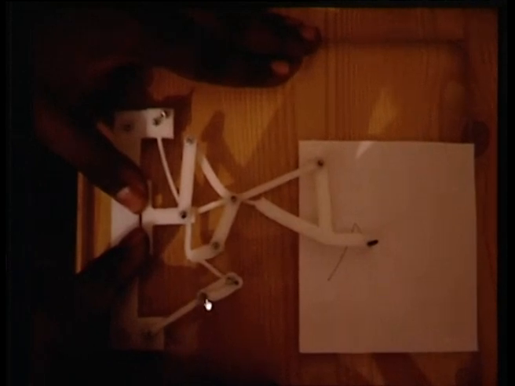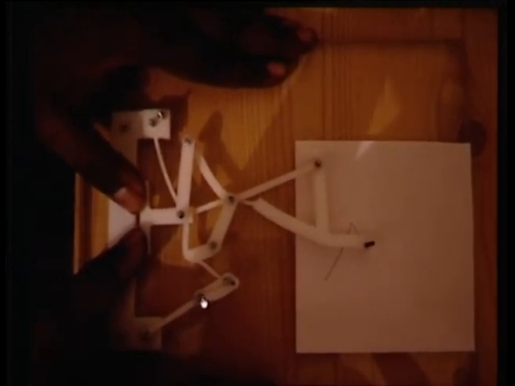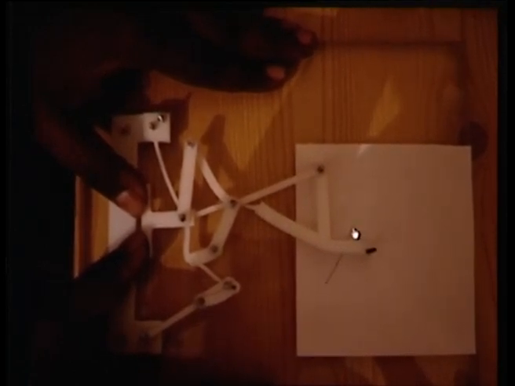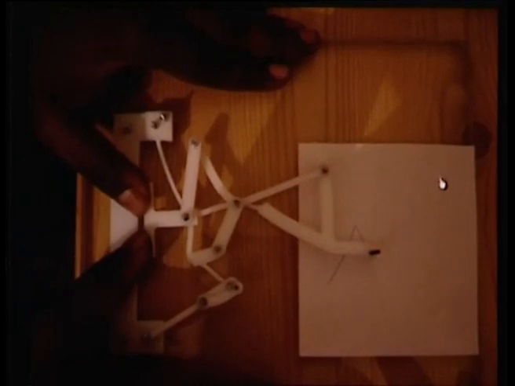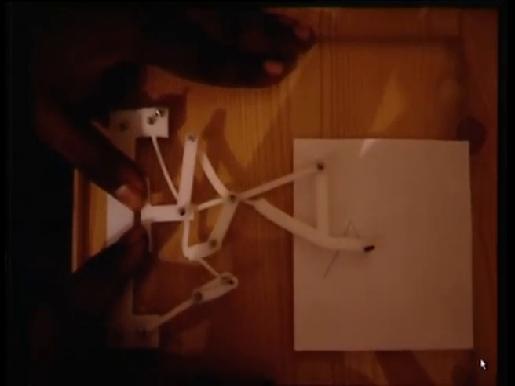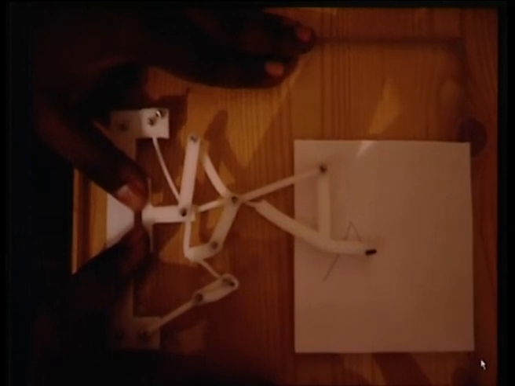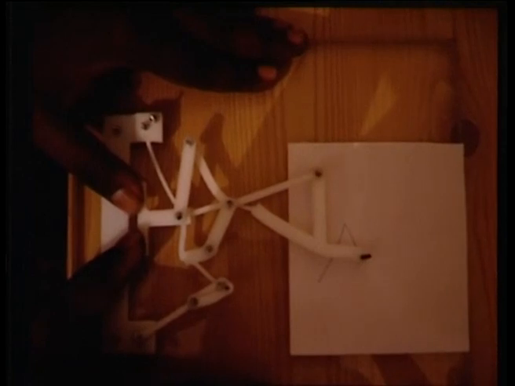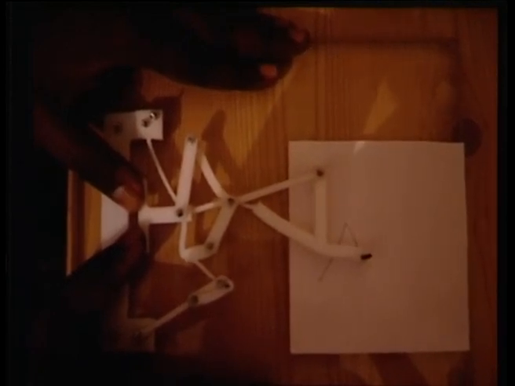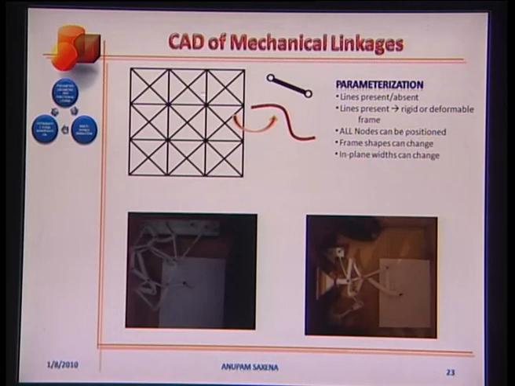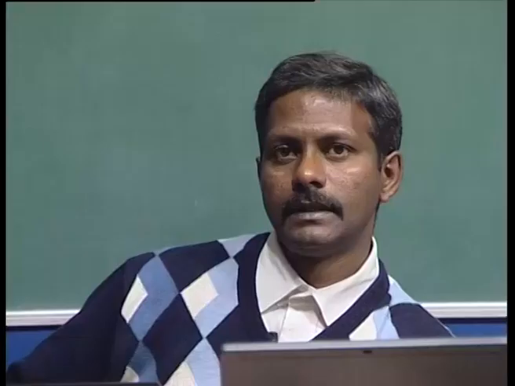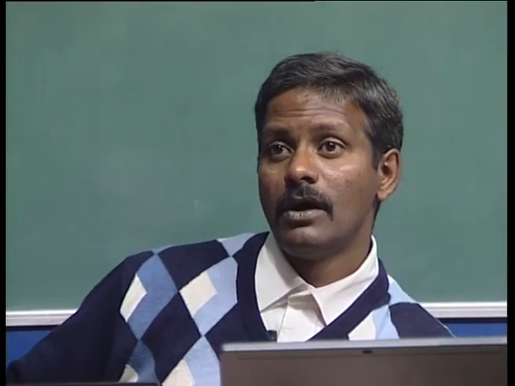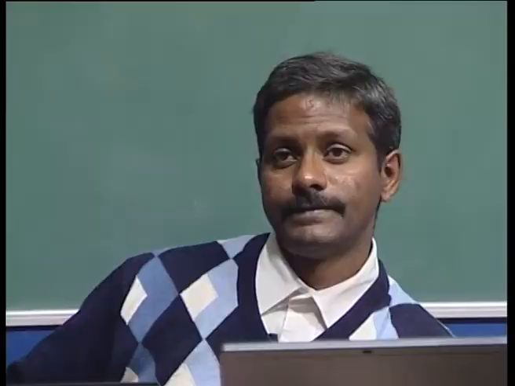Notice how these mechanical linkages or rigid body linkages get locked to produce this kink here. The two examples here show the gist of how computer-aided design works.